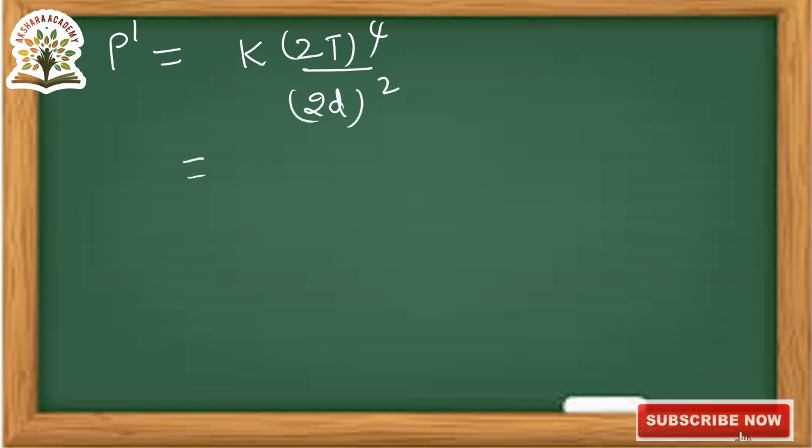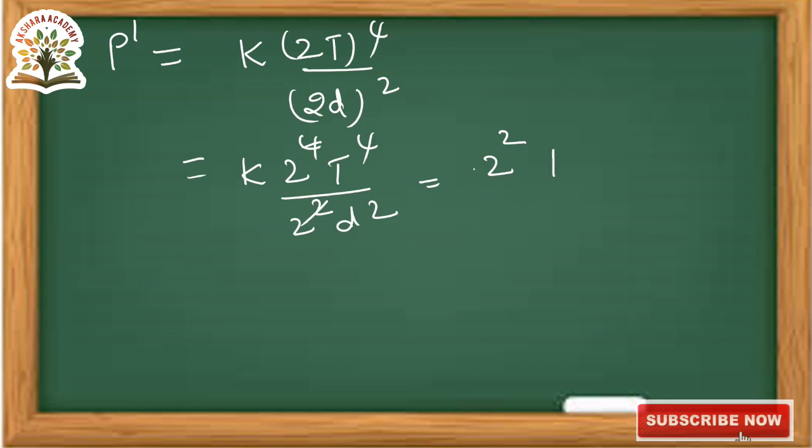So this can be written as 2 power 4 T power 4 by 2 square D square into K. Here square cancels, and the remaining is 2 square K T power 4 by D square.